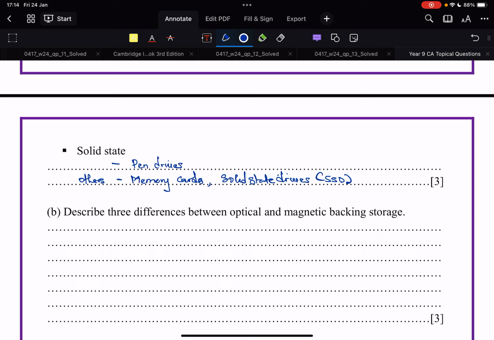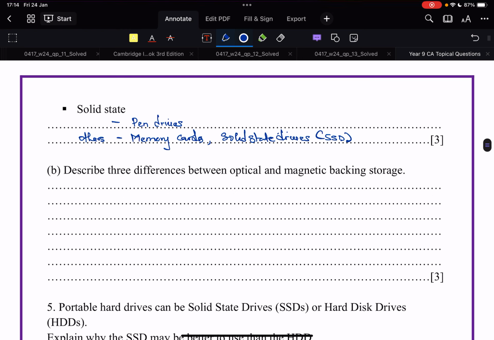Describe three differences between optical and magnetic backing storage. So let's look at the first one. Now, optical data is stored using laser. And this is very important because this is something that students always ignore.